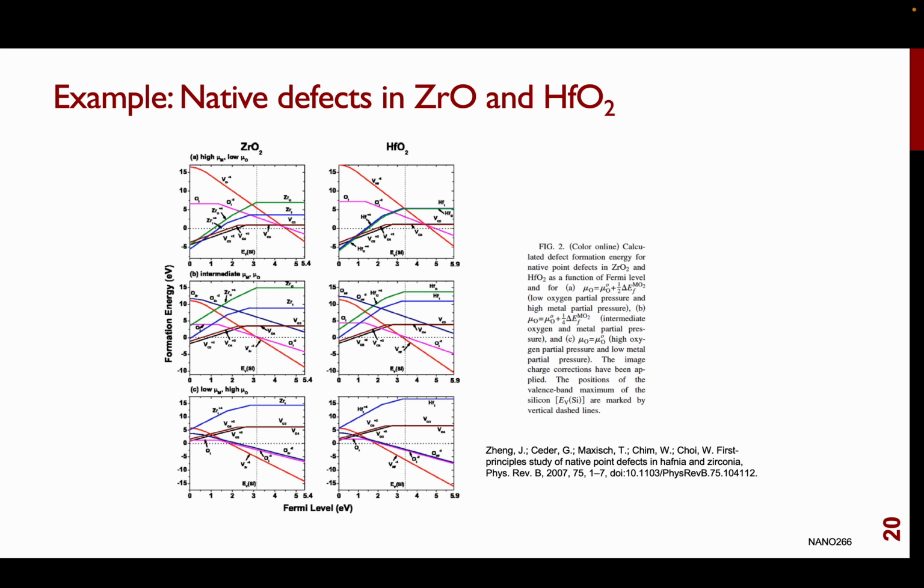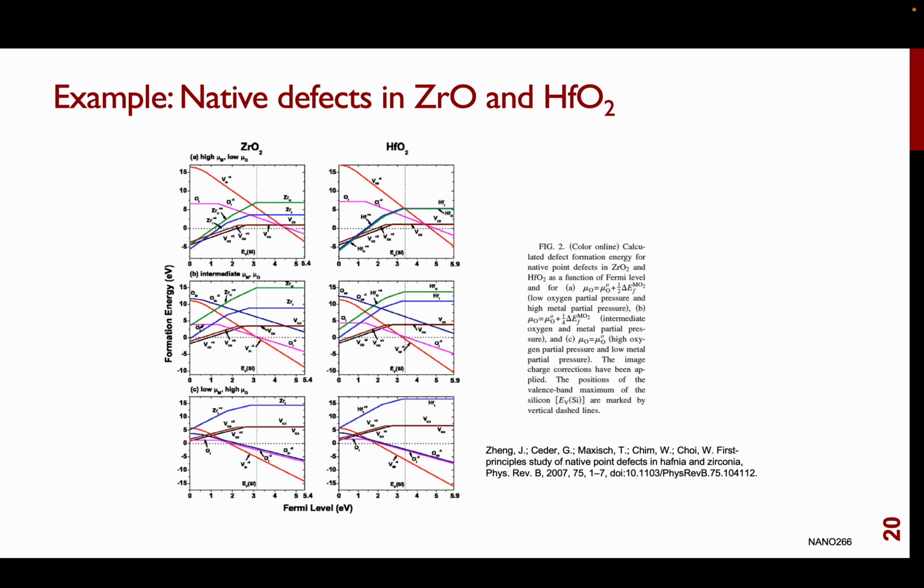All right. So this is a more complicated example of the defect diagram that I just showed, okay? These are native defects in zirconium oxide and hafnium oxide, and you can see that you can construct this kind of charge defect diagrams.